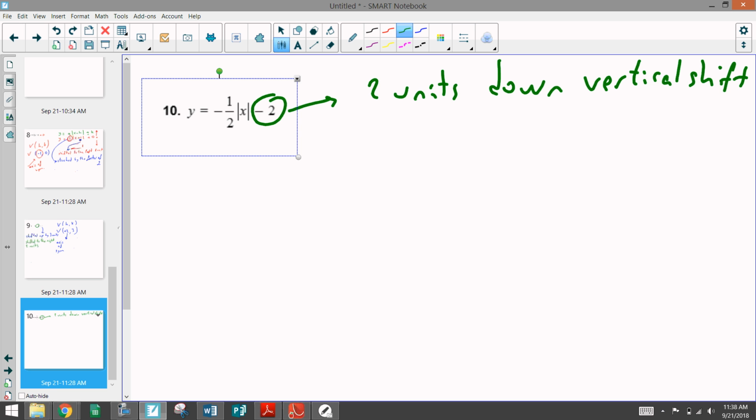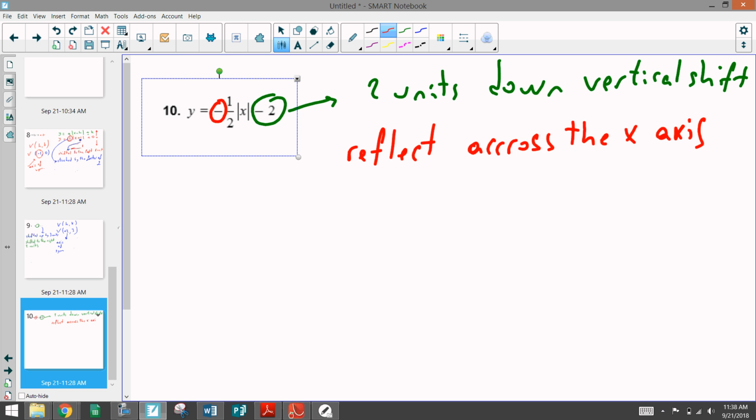And then the negative sign makes it reflect across the axis. Exactly. And then 1/2, another color. The 1/2 here, what is this?